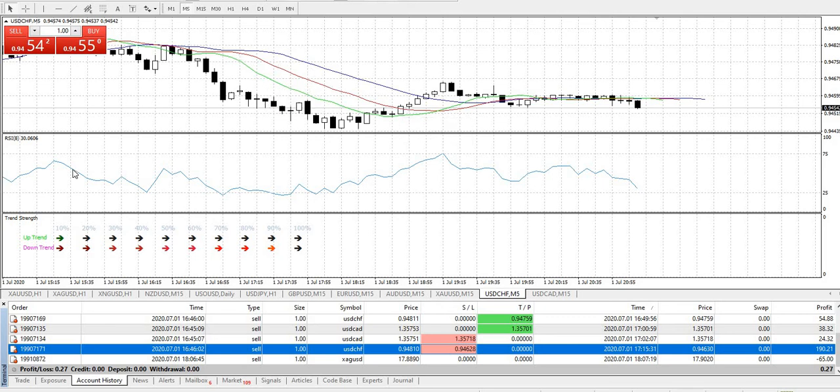And the trend strength indicator at that point can be green, showing an uptrend or a downtrend, but it usually follows what the alligator is showing me. It's just an additional confirmation to show how strong the trend is. That's all this means. How strong is it that it's going down? How strong is it that it's going up?